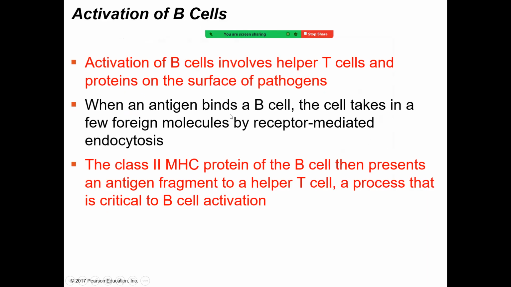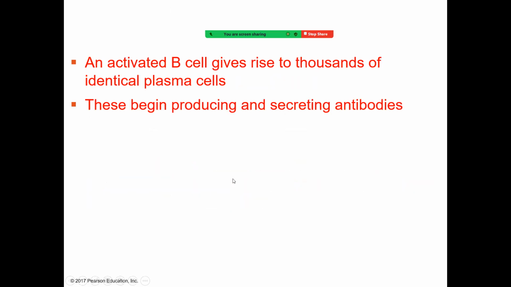B cells. So when an antigen binds a B cell, the cell is going to take in those foreign molecules by receptor-mediated endocytosis. So again, remember, endocytosis means to take something into the cell. We know that the class II MHC protein of the B cell then presents the antigen fragment to the helper T cell, and this process is essential for B cell activation.